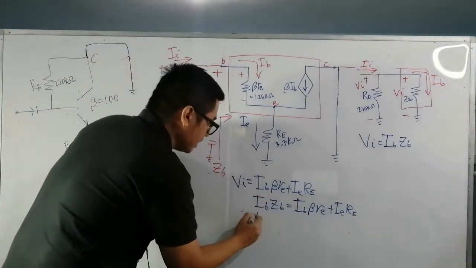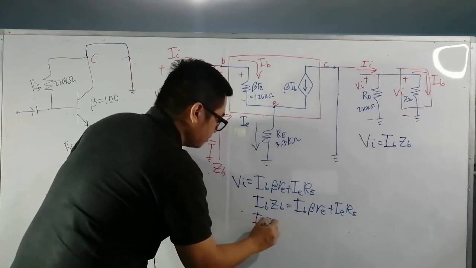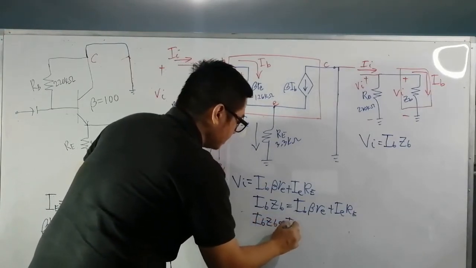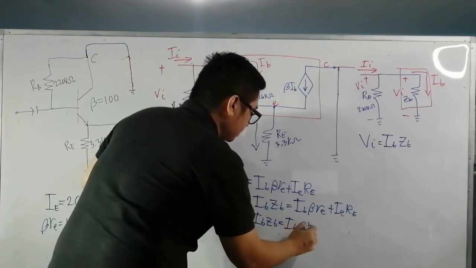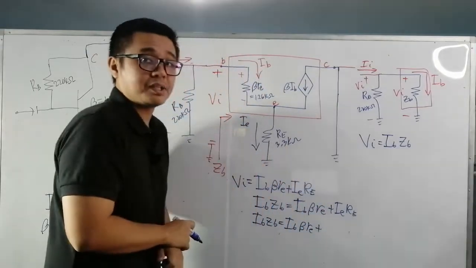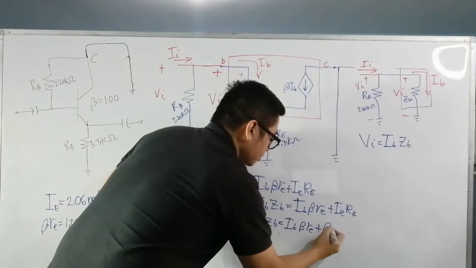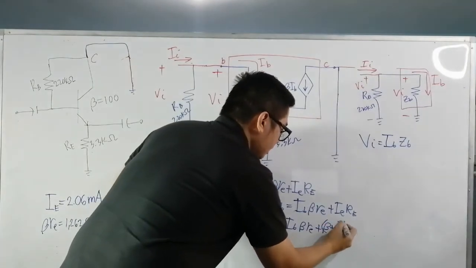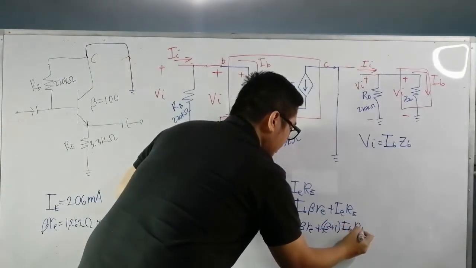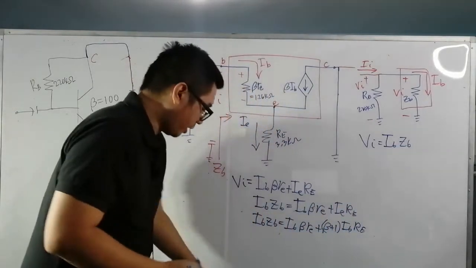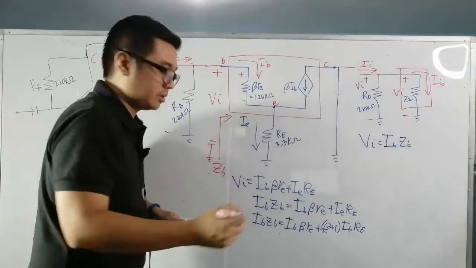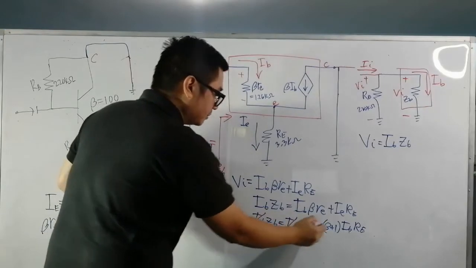We have I sub B times Z sub B is equal to I sub B beta R sub E plus, instead of using I sub E, ilalagay natin beta plus 1 times I sub B times R sub E. Therefore, we can cancel out yung mga I sub B na terms.